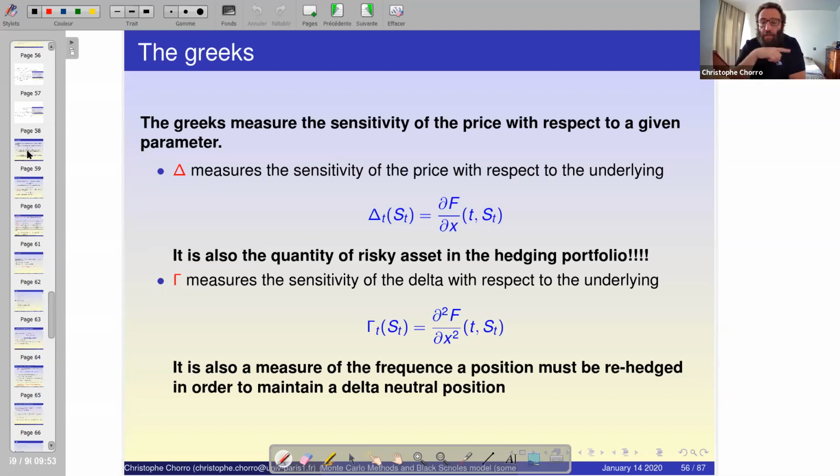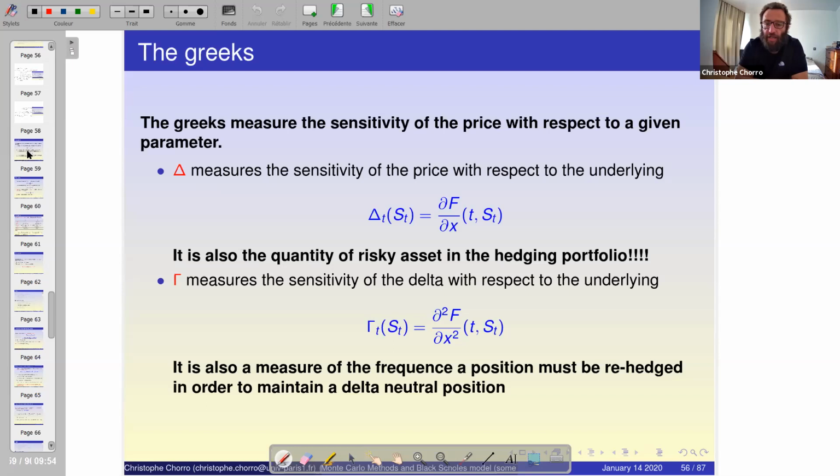So if I consider a discretization of the time, it means that I have discretization dates. At any date, I am able to build the perfect Black-Scholes portfolio, but what happens between two dates? In fact, what will happen between two dates will depend on the value of this gamma.